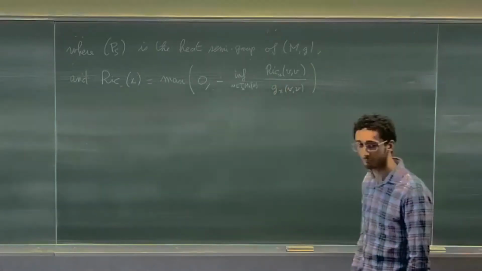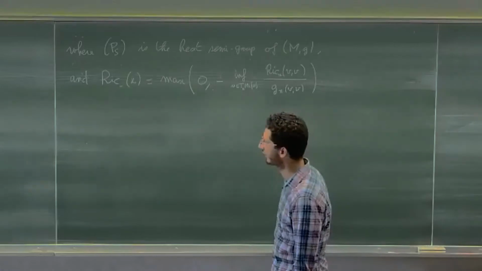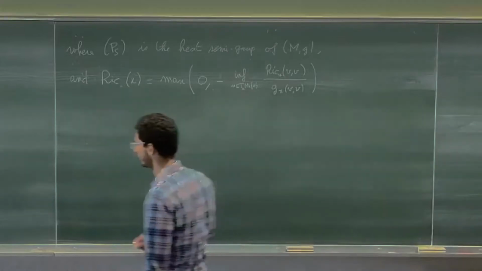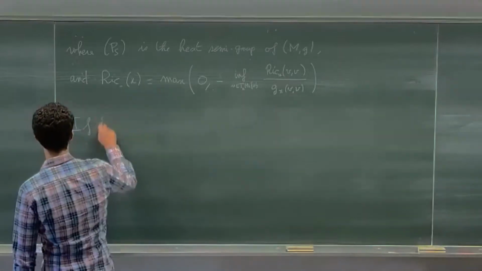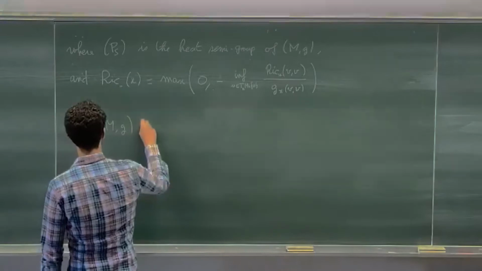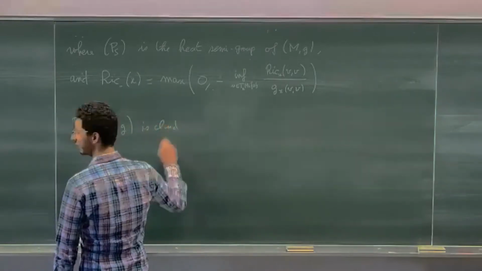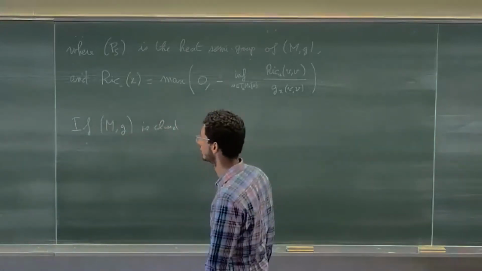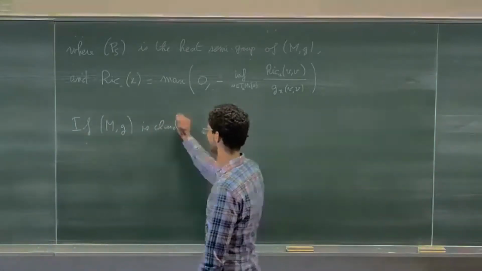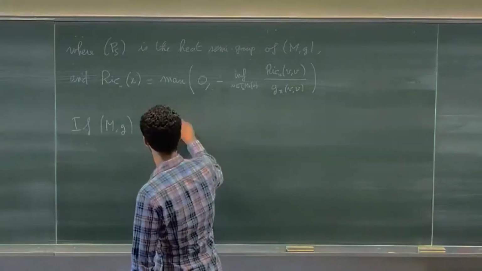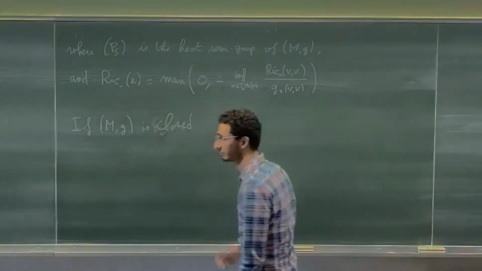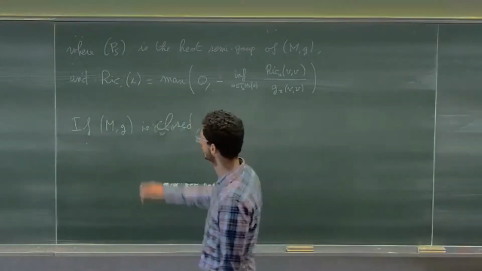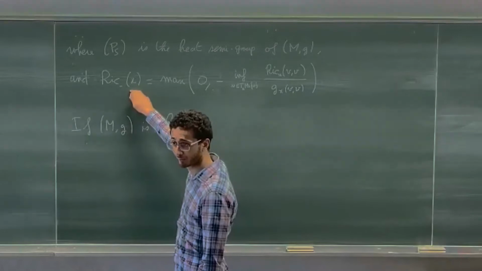Now say that the manifold is closed, without boundary. If M is closed, this function Ricci minus is a bounded function.